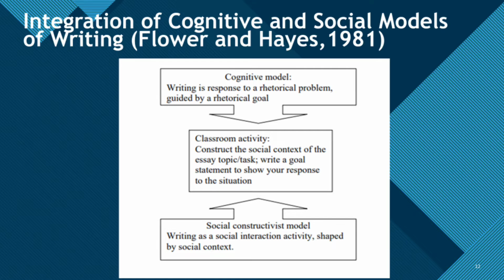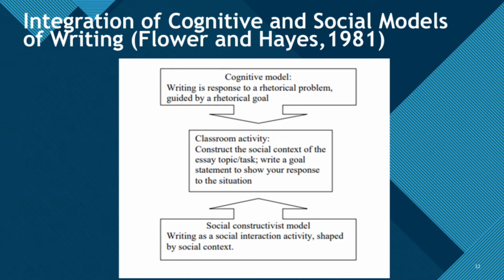As we can notice, the cognitive and social constructivist models of writing were integrated to provide the foundation for teaching socially situated thinking as a first step to improve writing. The classroom activity is, given an essay prompt, the students are going to construct its social context and write a goal statement to show response to the situation.